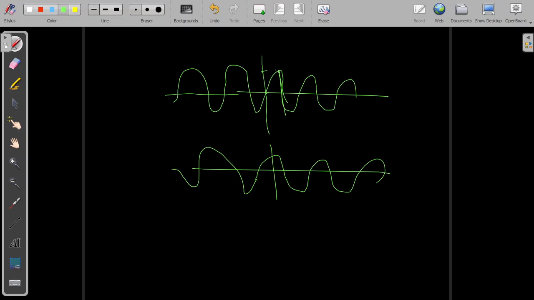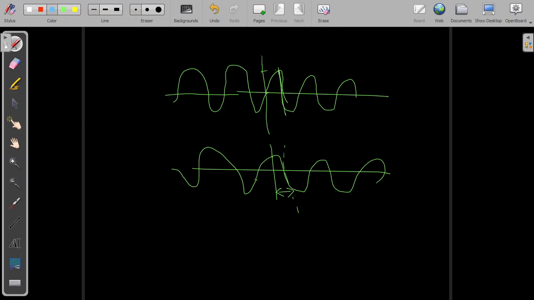This portion only, up to this, is what we have defined.